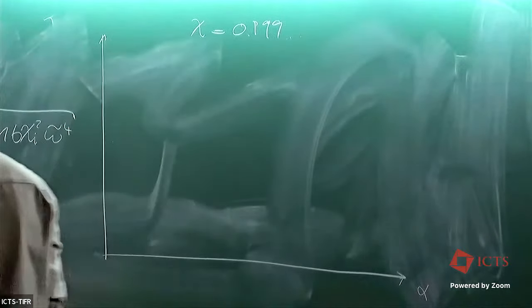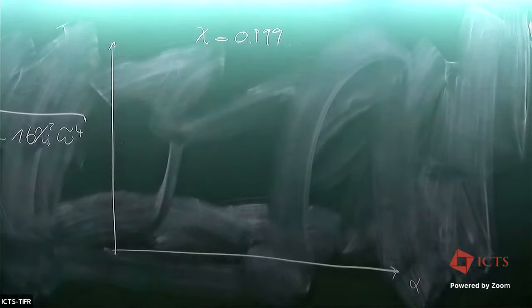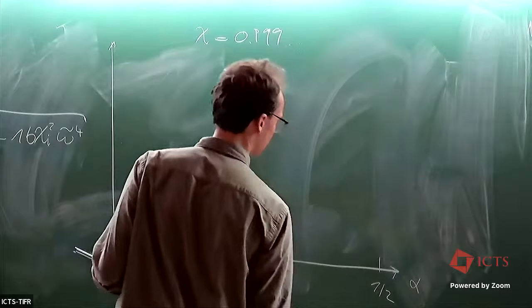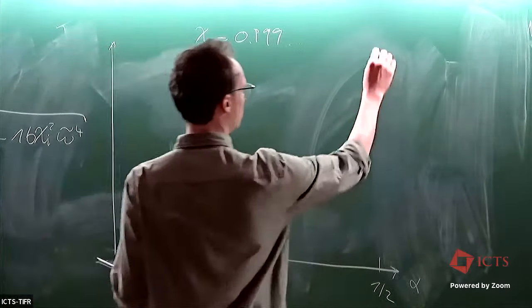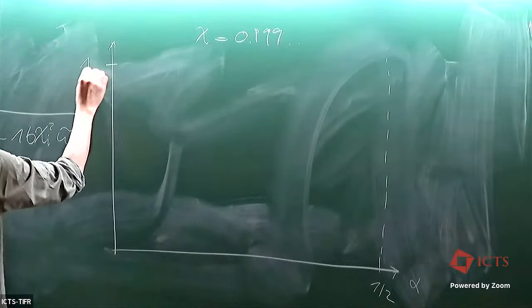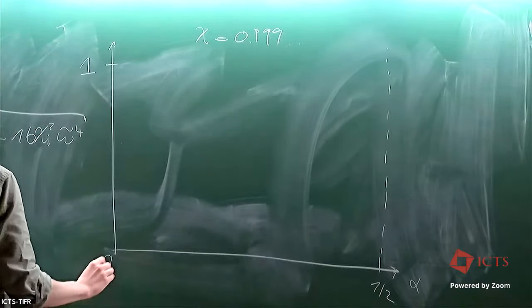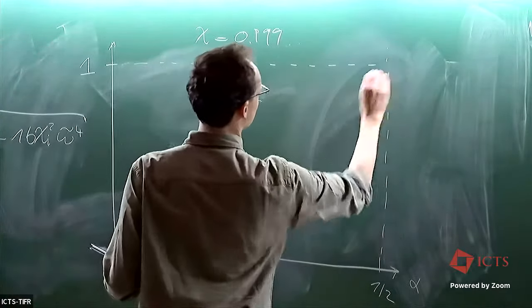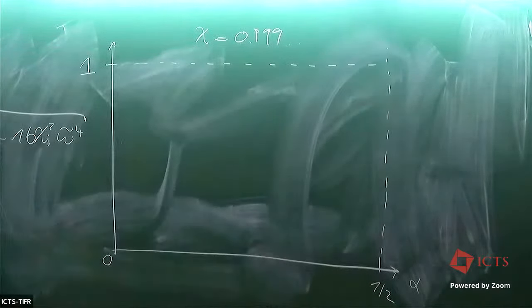Okay? And again, as before, this is just the most extreme case, and all the other cases look qualitatively similar. Okay, so for alpha roughly 1/2, and then this is 1, and this is 0.